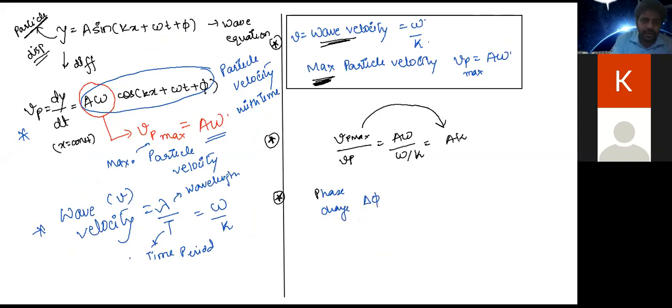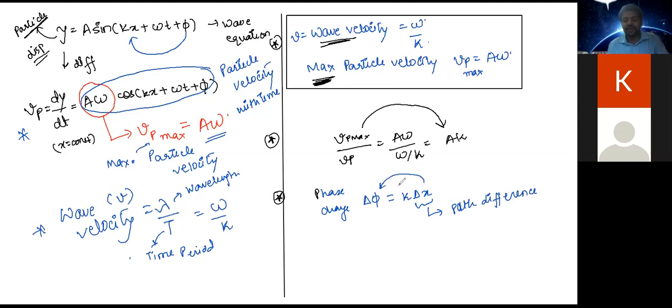From here, class, phase change is given by k times delta x, where delta x is, Atul? Path difference. Delta x is path difference. So for every path difference, there is some phase change.